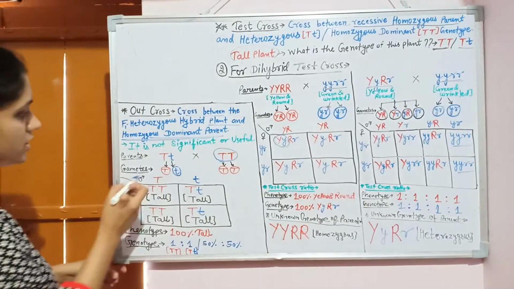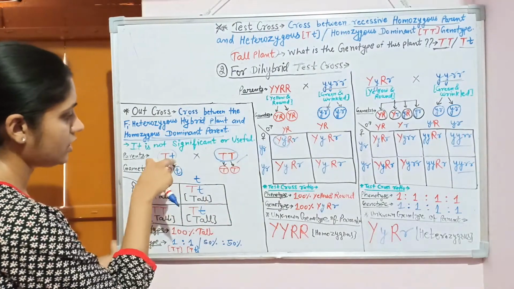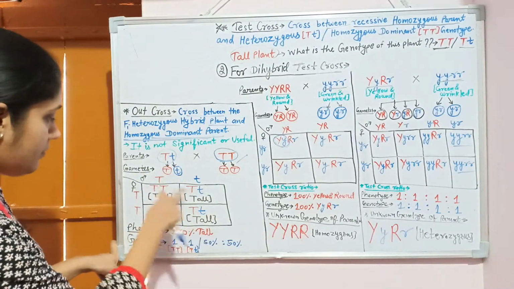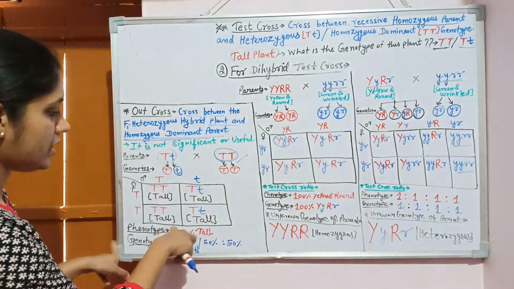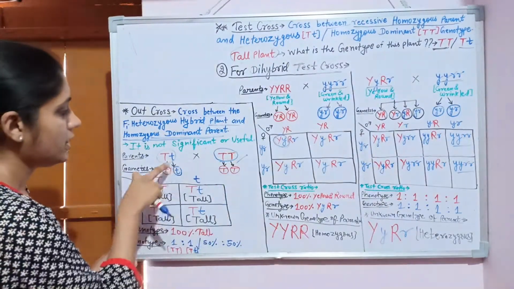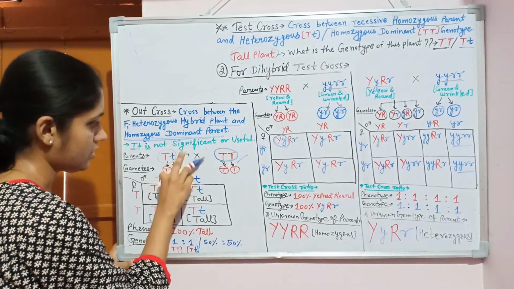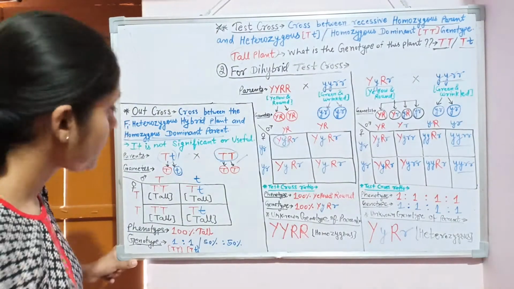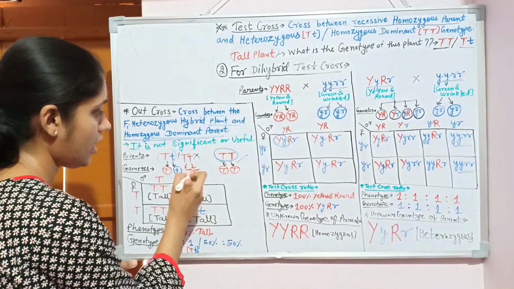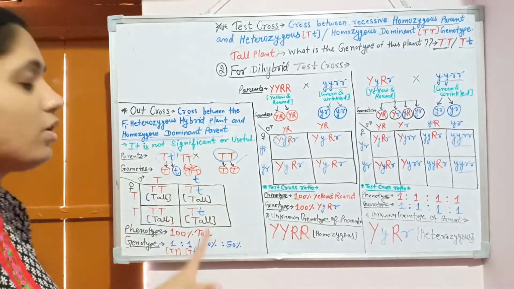Why? Because you can see here this is fixed, and if we take the example of this heterozygous type, then after the checkerboard formation the phenotype is 100% tall. And like this test cross, if we take it, it is fixed, but if we take in this place this, then it will form this, and after this you can see here in this case the plants were also tall.